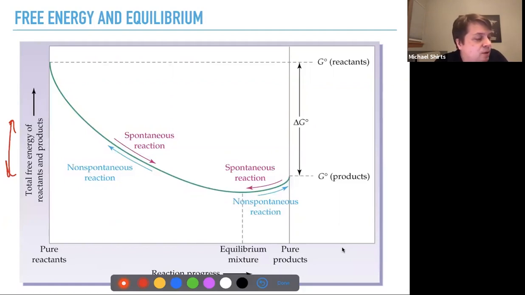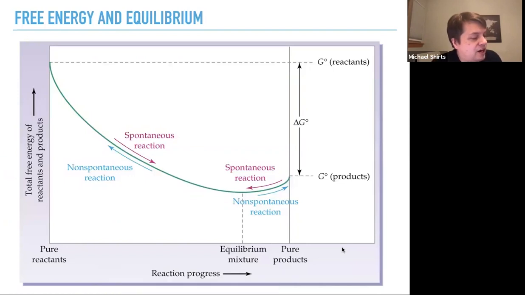If we reach the state of pure products, then the free energy is going to be the free energy of the pure products. Now, we know that there's going to be some reaction to reach an equilibrium mixture, right?